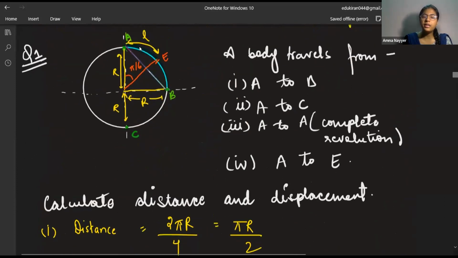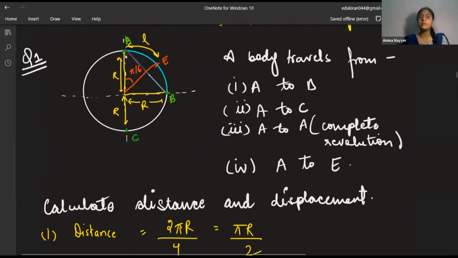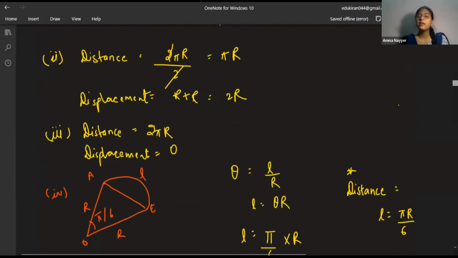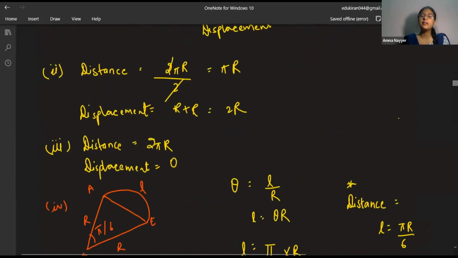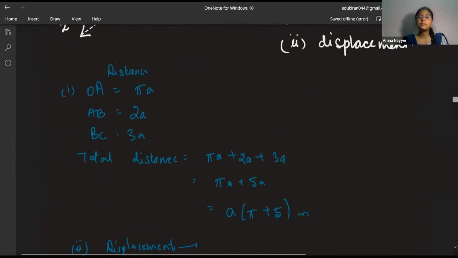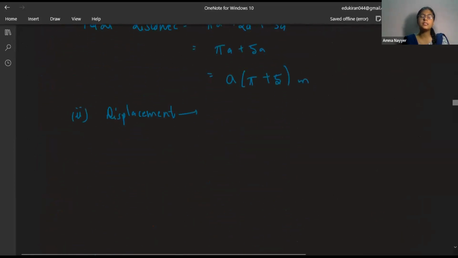When it was going from A to C, half of a semicircle, directly R plus R gave you the displacement 2R, whereas the path was entirely pi R. So pi A is the distance, 2A is the displacement. So here as well, from O to A, this becomes 2A.